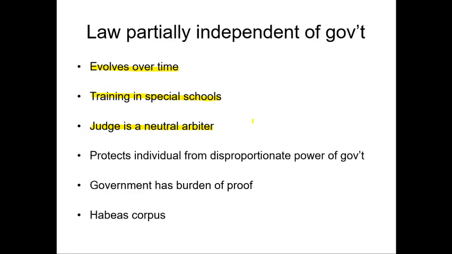You know, obviously judges are human and may have some of their own biases, but generally it's set up so that they are there to be a neutral arbiter of the case. And part of this independence is so that we can protect individuals from disproportionate power of government. This is something that's been designed in our system.